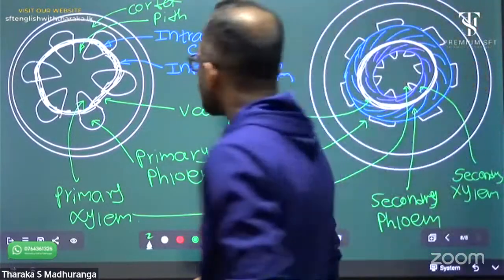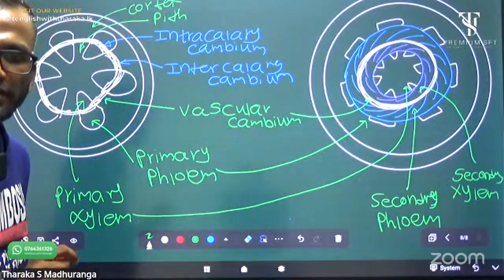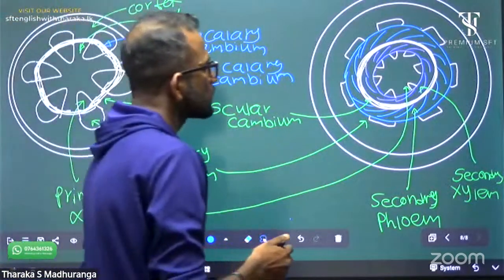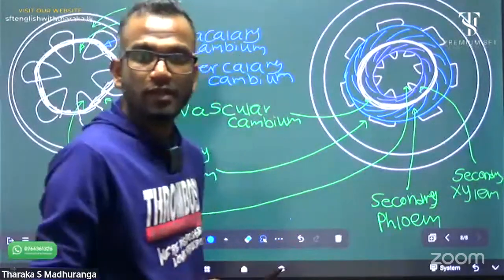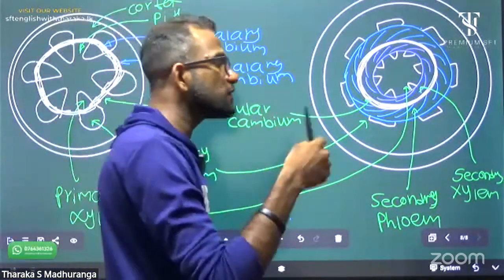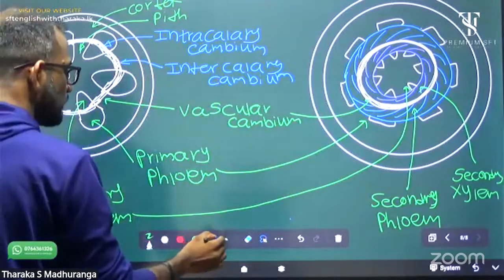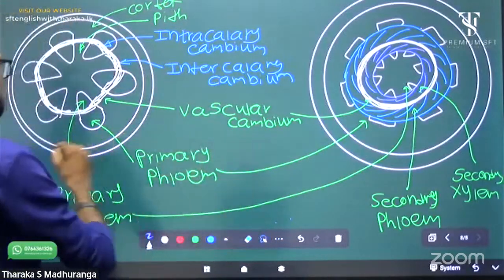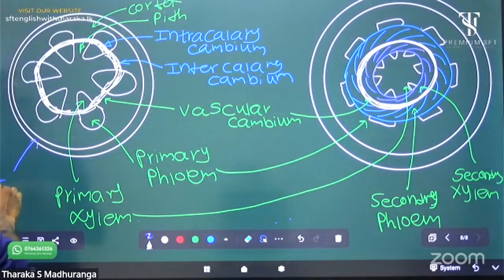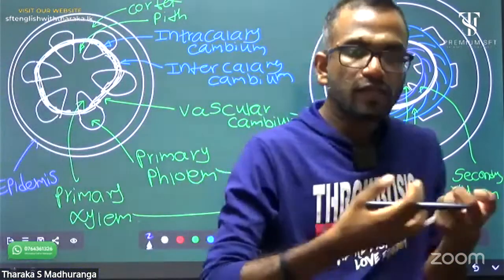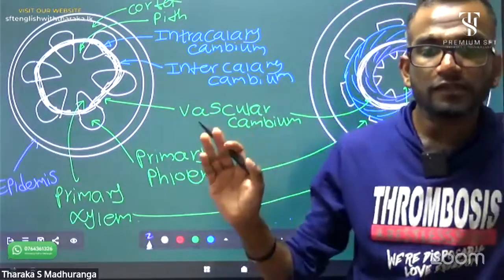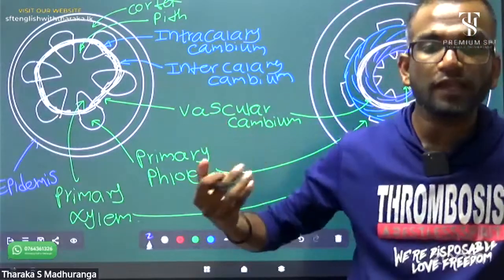Okay, now what happened? Final stage. Up to now, the outer layer is the epidermis, right? Remember, when the thickness increases, this epidermis cannot retain the increased thickness.